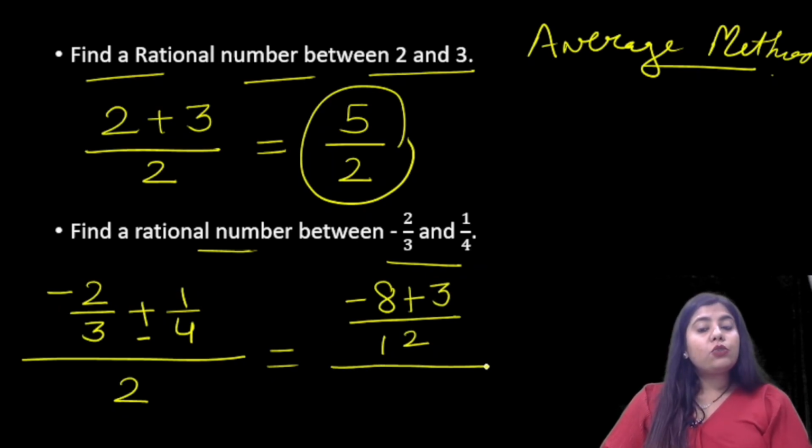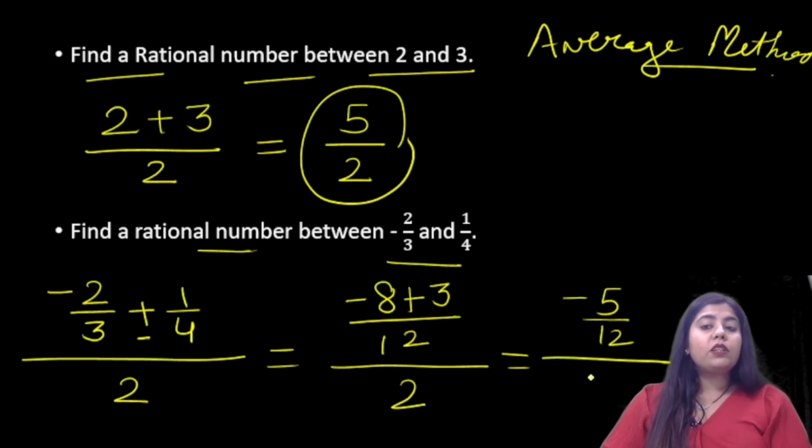The 2 in the denominator stays as it is. Now it is minus 8 plus 3, which is minus 5 upon 12, and in the denominator 2 is already here. Now we can write it as minus 5 upon 12, and 2 is also in the denominator. So the answer is minus 5 upon 24.